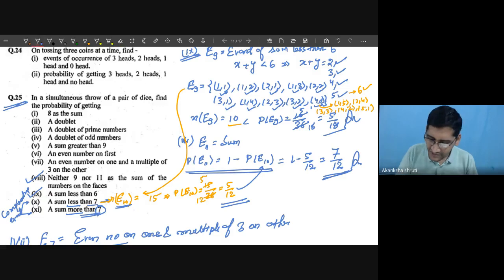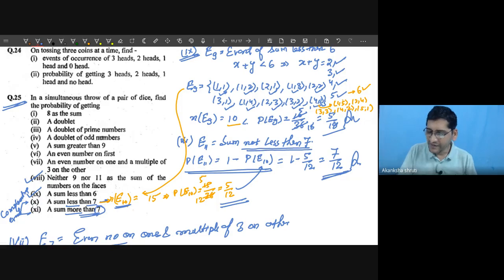If it is asked for sum not less than 7, not less than 7 means 7 or greater than 7. Then 7 by 12 is our correct answer.